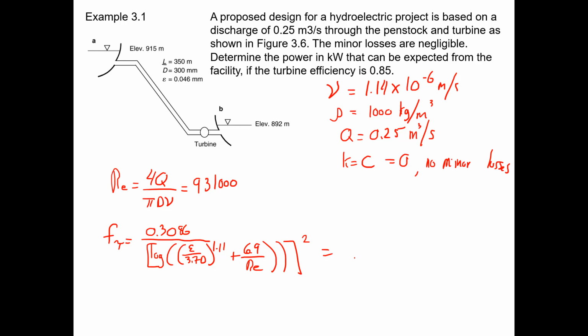If we compute this, we end up with a friction factor of 0.014. Okay, so we continue and figure out the work extracted. I'll write out the equation for work.